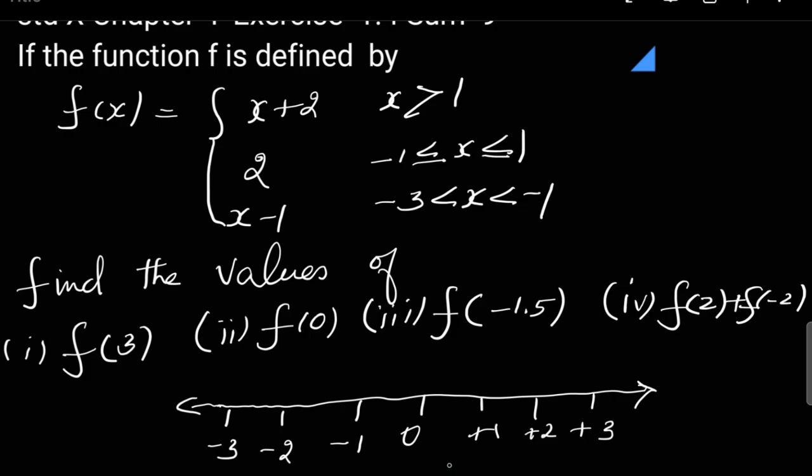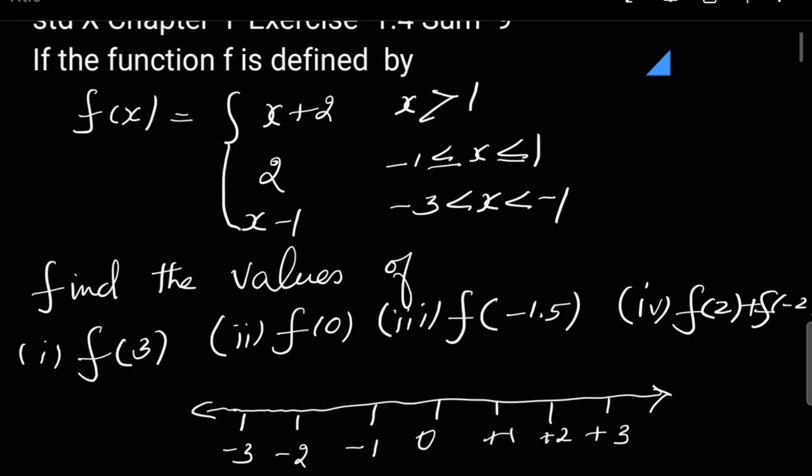See, the first function is x plus 2 for x greater than 1. Where is 1 here? After 0 you are getting positive 1. Greater than 1 means as it goes towards the right side, you will get values greater than 1. It is strictly greater than, don't include 1.